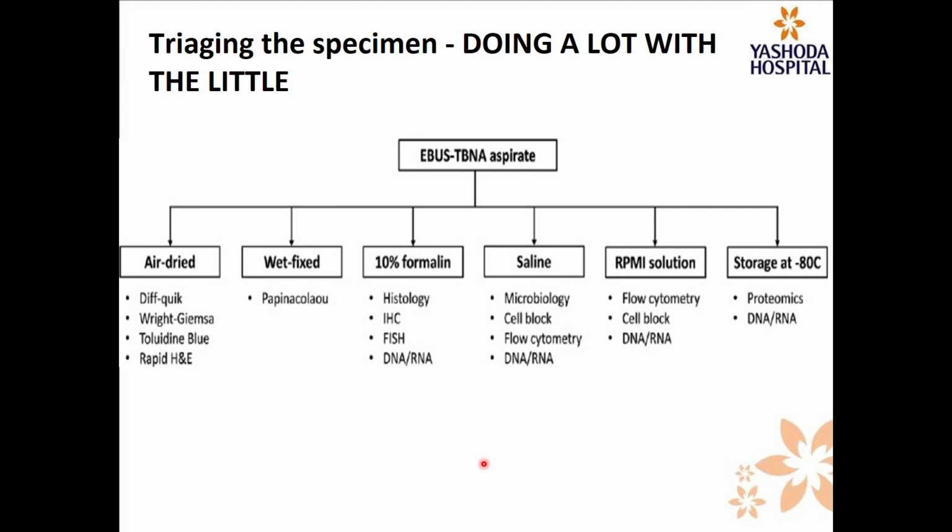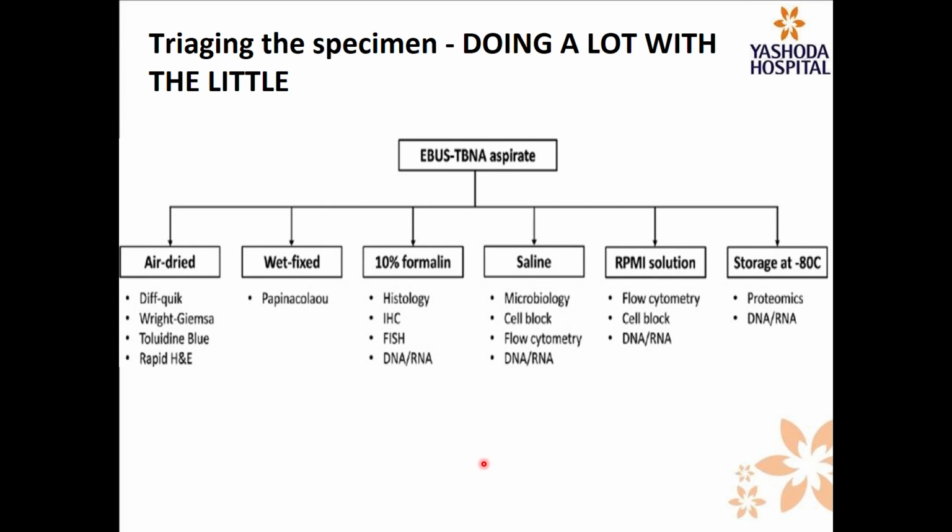One thing I want to add here is that before we add a neutral buffered formalin to the cell block samples, which you are going to send us for preparation of cell blocks, make sure that we at least make 5 to 6 unstained smears, which are air dried, so that if in case our cell block does not show any definite evidence of malignancy or the sample is not adequate for ancillary testing, those air-dried smears can be used and triaged for carrying out the molecular testing.